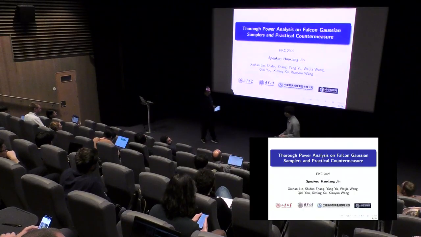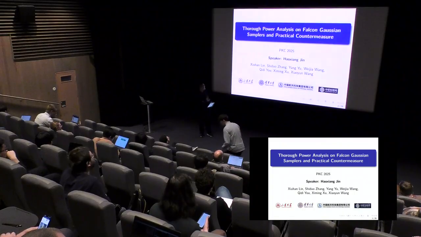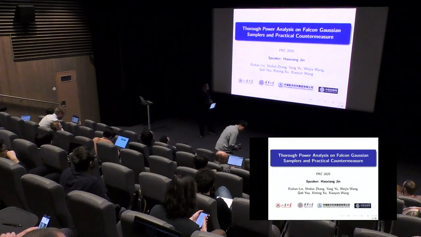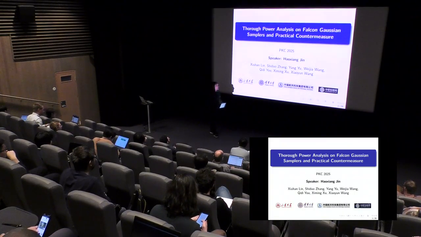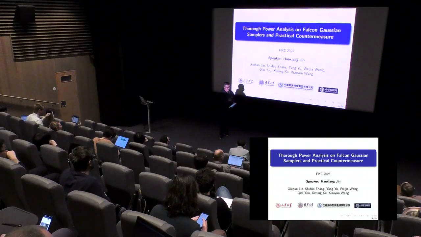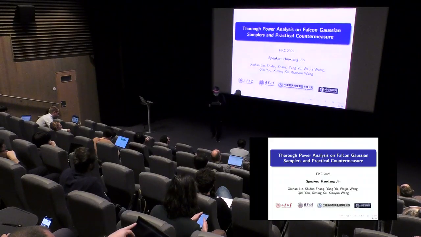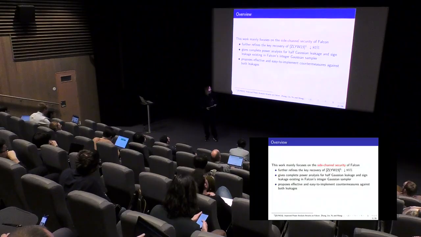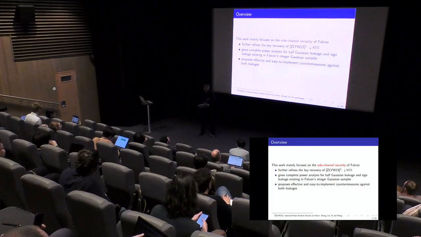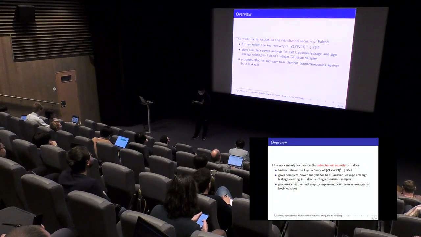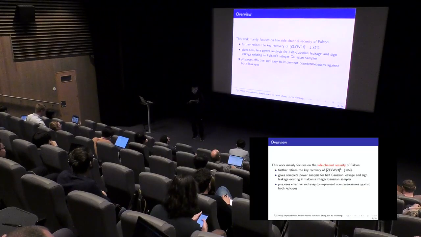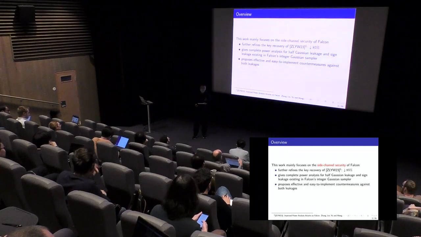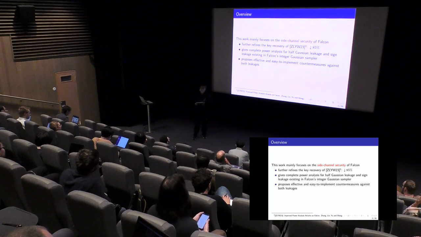This is work by Xiu Han, Shiduo, Yang, Weijia, Qidi, Ximing, and Xiaoyun. This work mainly focuses on the side-channel attacks of the Falcon. It first further refines the key recovery of the Eurocrypt work in 2023.